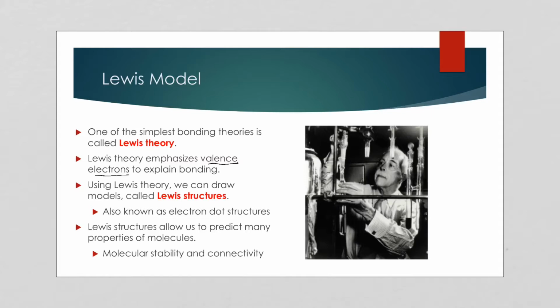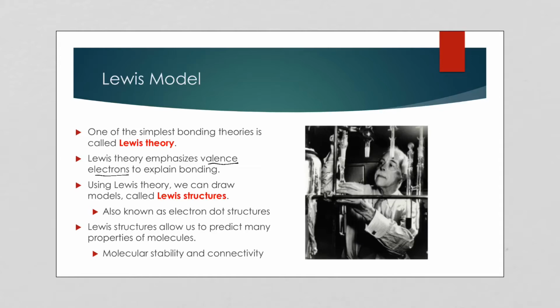And these are the ones that are going to be available to bond. These are the ones that are going to be involved in bonding. They're going to be involved in the formation of ions. So these are really the key electrons in an atom. And so Lewis theory is based upon these valence electrons.